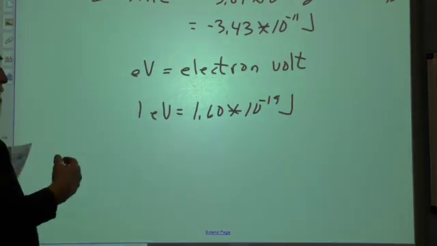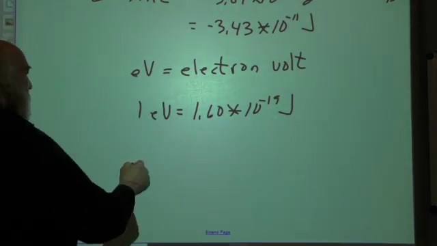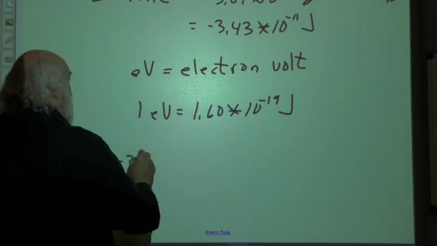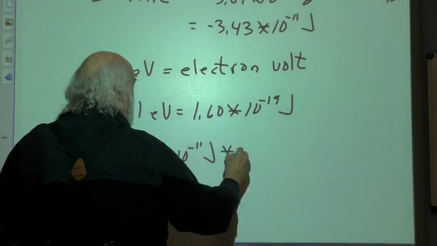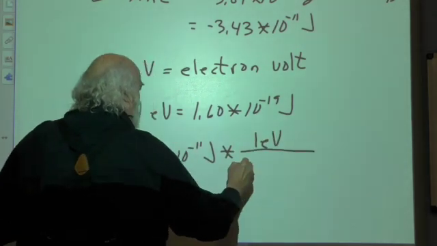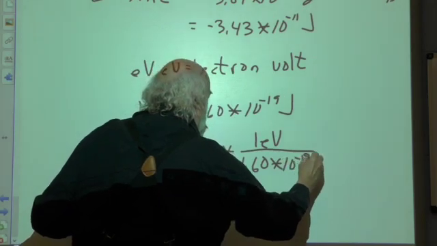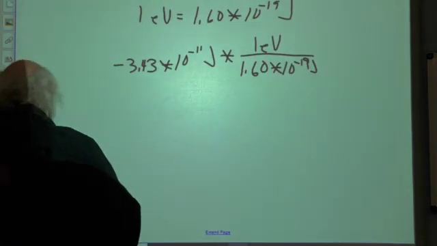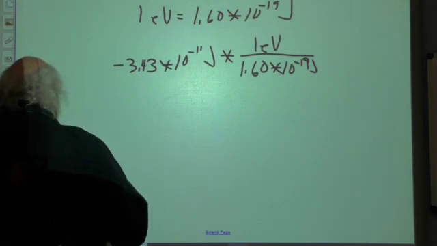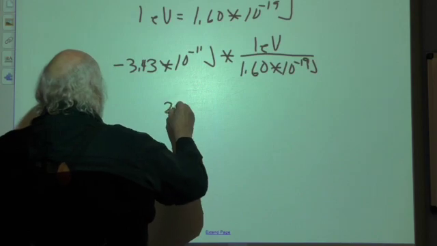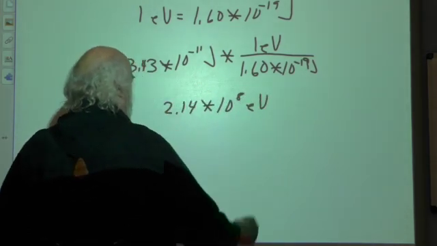So if I want to look at how many electron volts, which is a measurement of small packets of energy, then I'm going to take that negative 3.43 times 10 to the negative 11th joules and multiply by 1 electron volt over 1.60 times 10 to the negative 19th joules. And I will get an answer of 2.14 times 10 to the 8th electron volts.